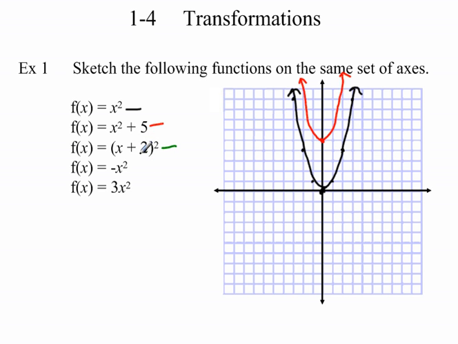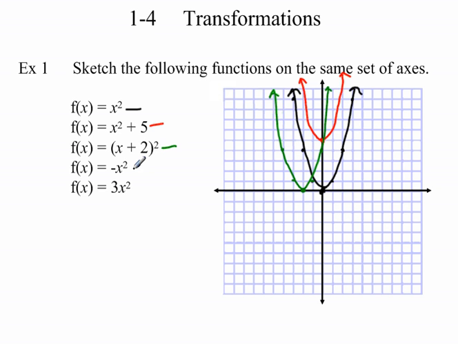Try it on your calculator, plot some points. Either way, you'll see that this is the same exact graph. Vertex 2 units to the left. Same kind of points from there. And I'll get a few points on this one. And let me sketch that parabola. It's the same exact shape as the original one, but it is shifted 2 units left.